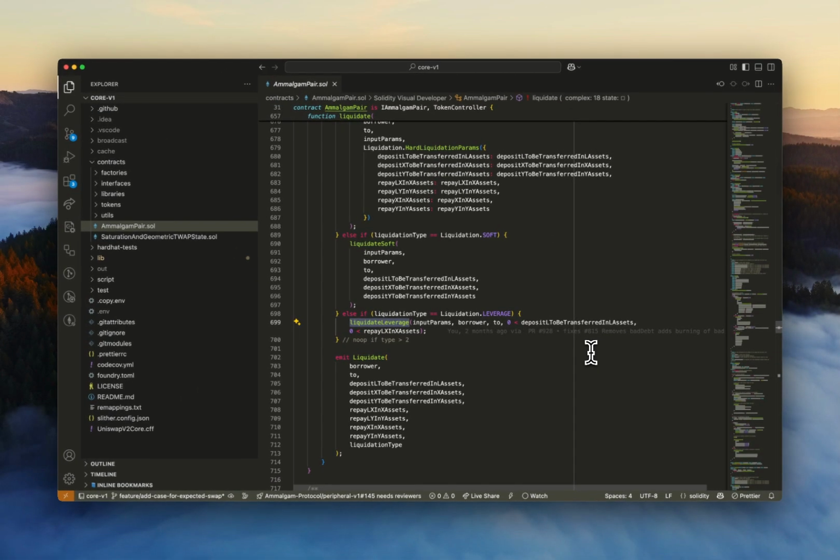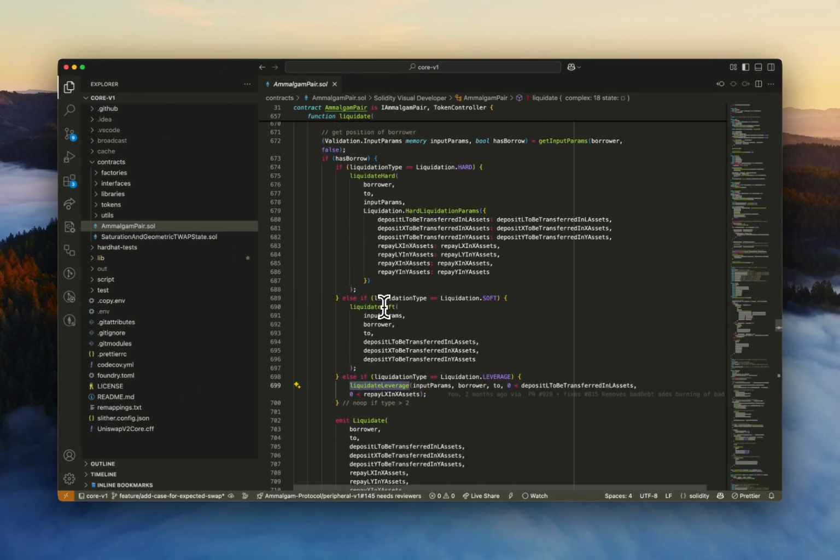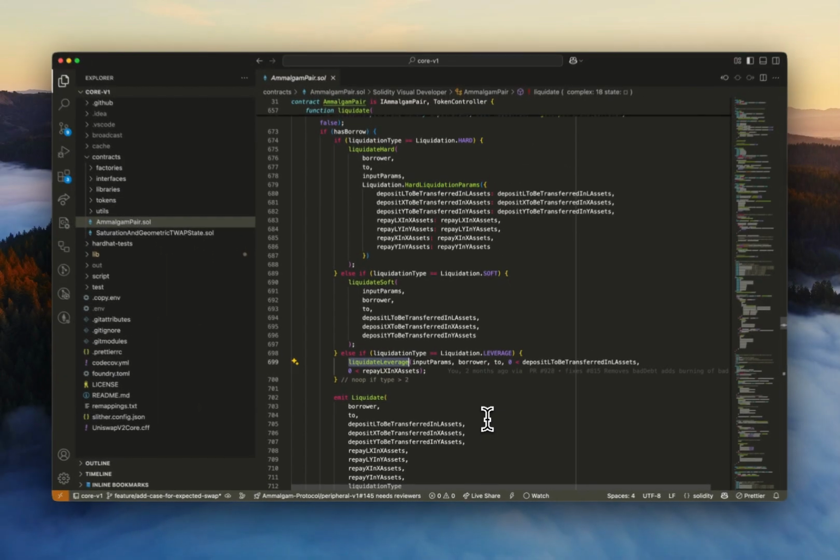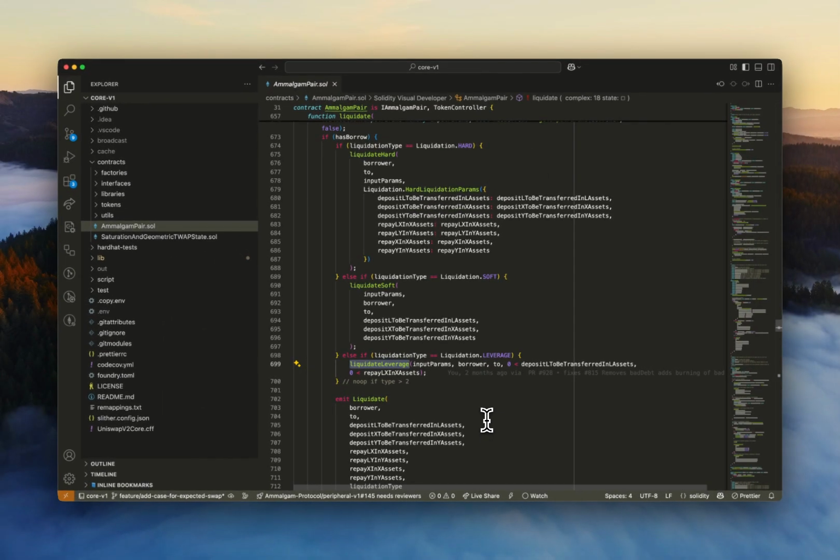And then leverage liquidation is the last type. So liquidate hard, liquidate soft, and the last one is liquidate leverage. Liquidate leverage is for the case where you deposit market making liquidity in the form of X and Y, and then you borrow X and Y against that.